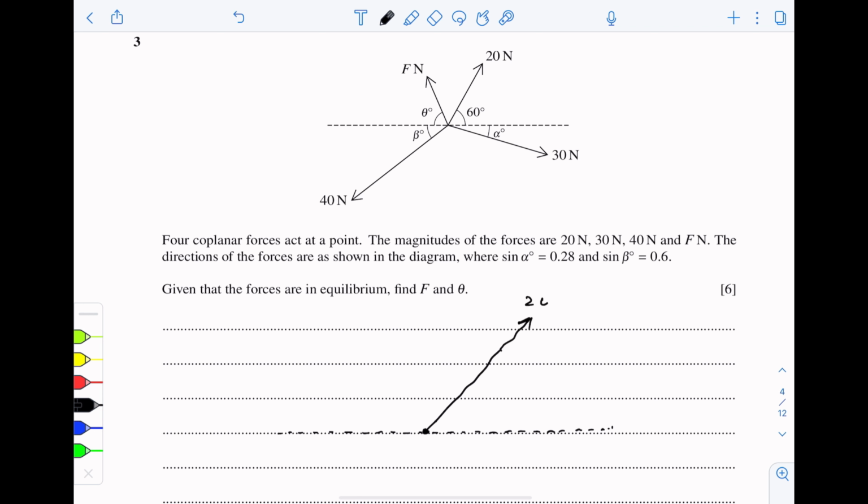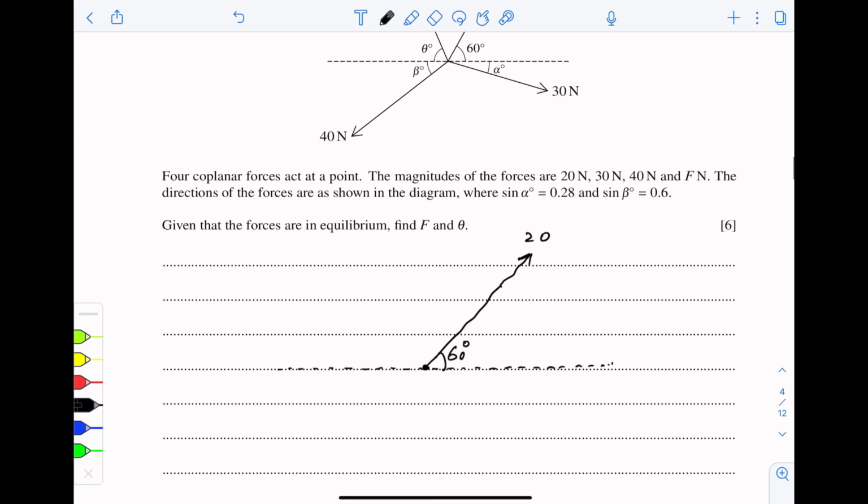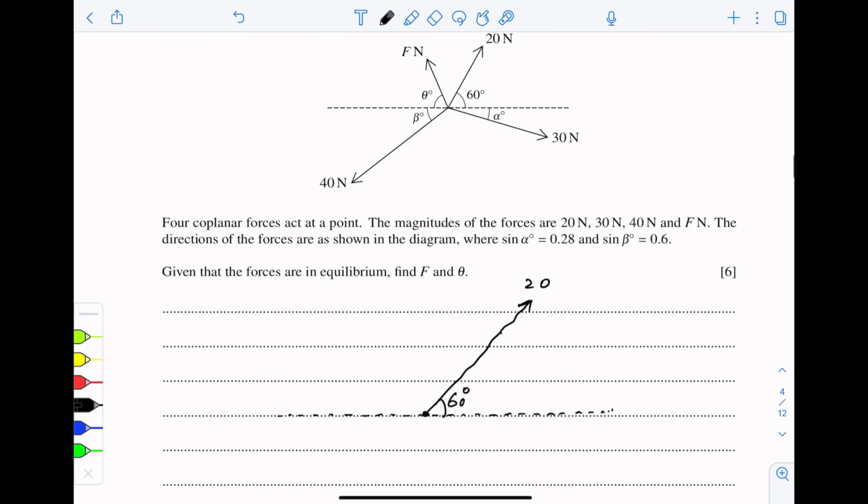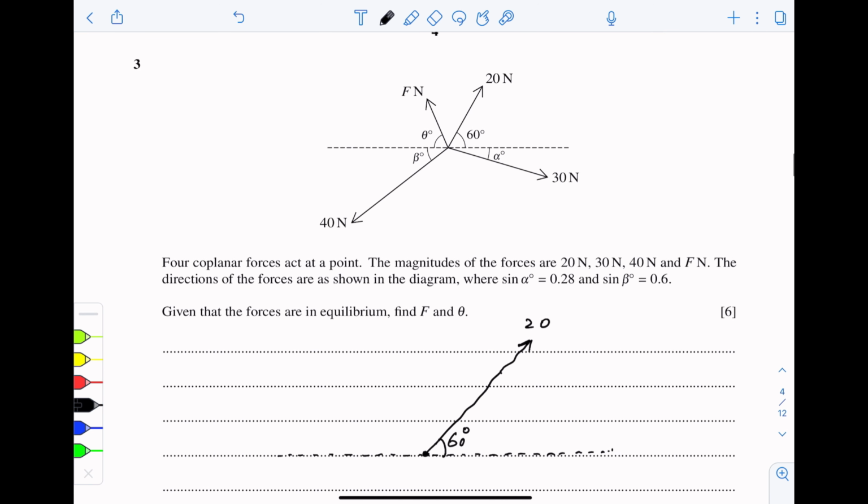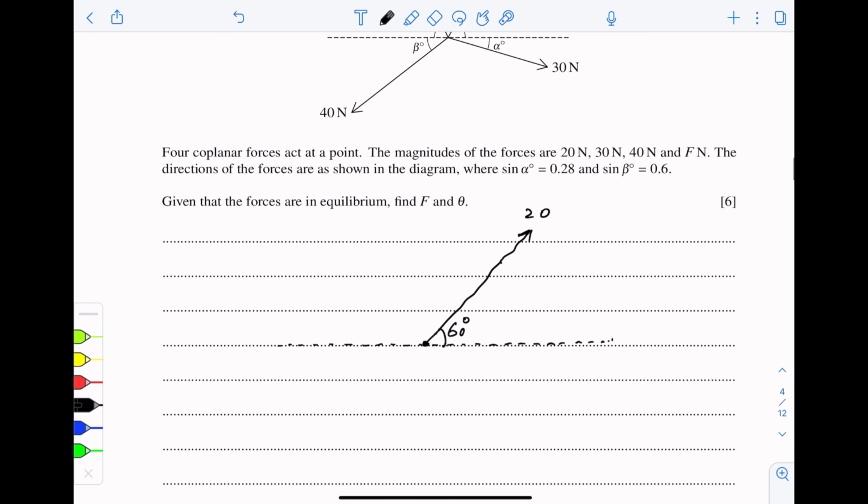Twenty Newton force, angle is 60 degree with the x direction. This force is 30 Newton.